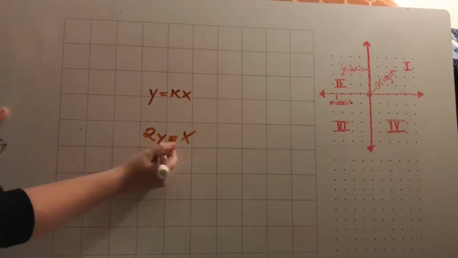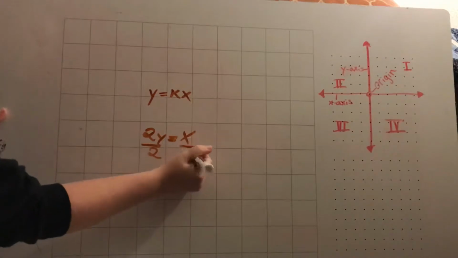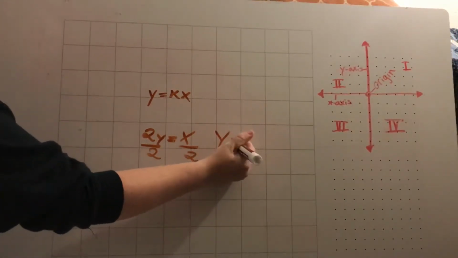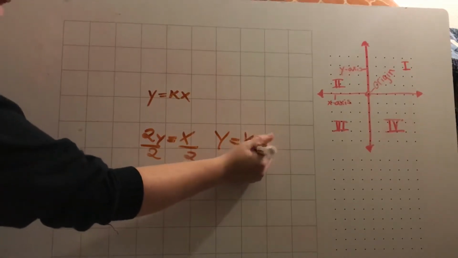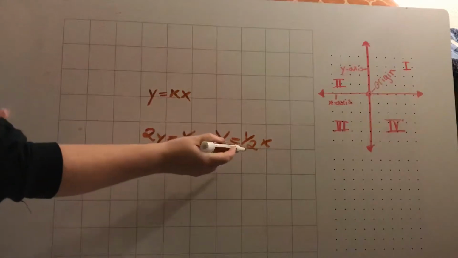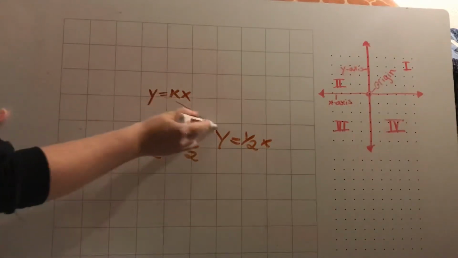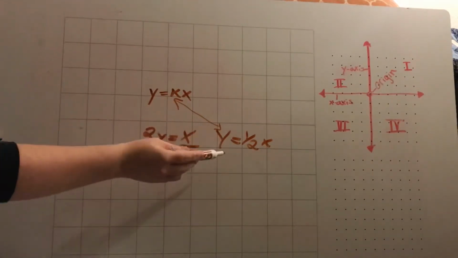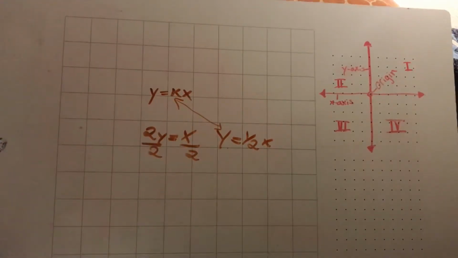So we're going to divide each side by 2, which is going to give us y equals 1/2 x. So k is 1/2, and that is a similar formula. Therefore, this is a direct variation.